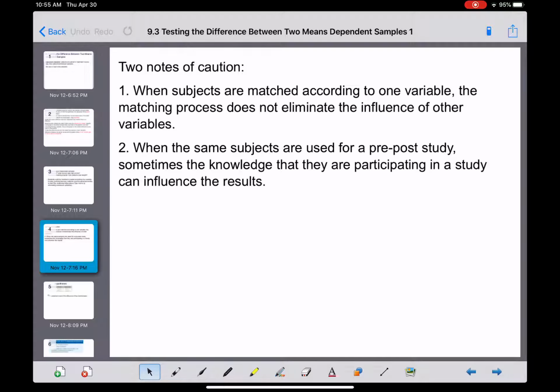So in the first case, we match them based on IQs, but you could have other variables, like they're a really good reader versus a math person, that could affect how they score.